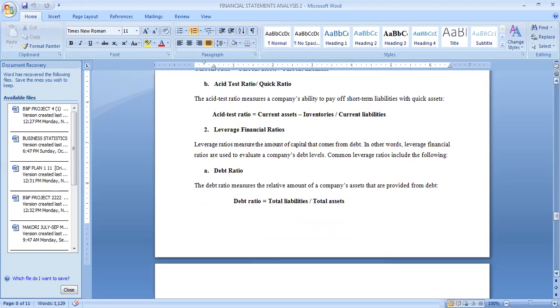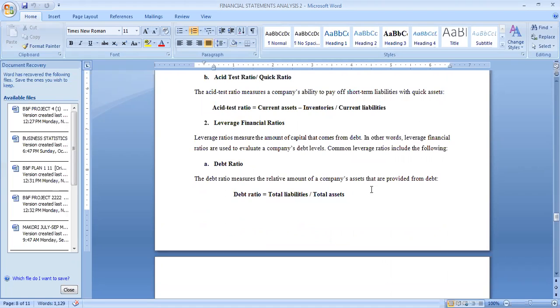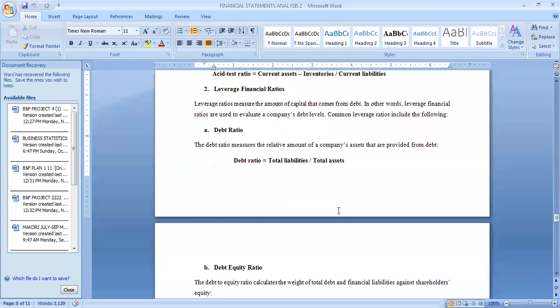Of the leverage ratios, number one is the debt ratio. The debt ratio is total liabilities over total assets. Total assets here means both current assets and long-term assets, and total liabilities means both the current liabilities and the long-term liabilities. We add all of them. A good ratio is one that is as small as possible in terms of debt.